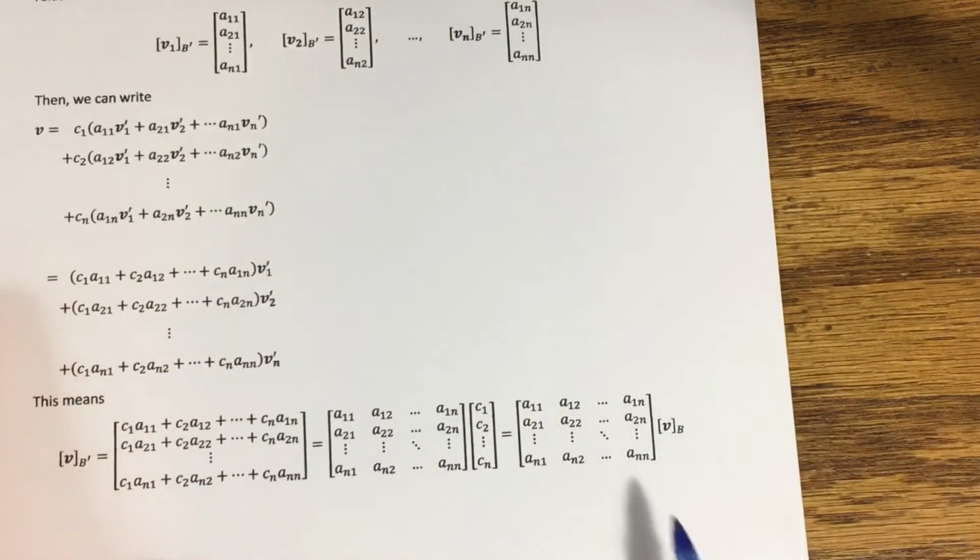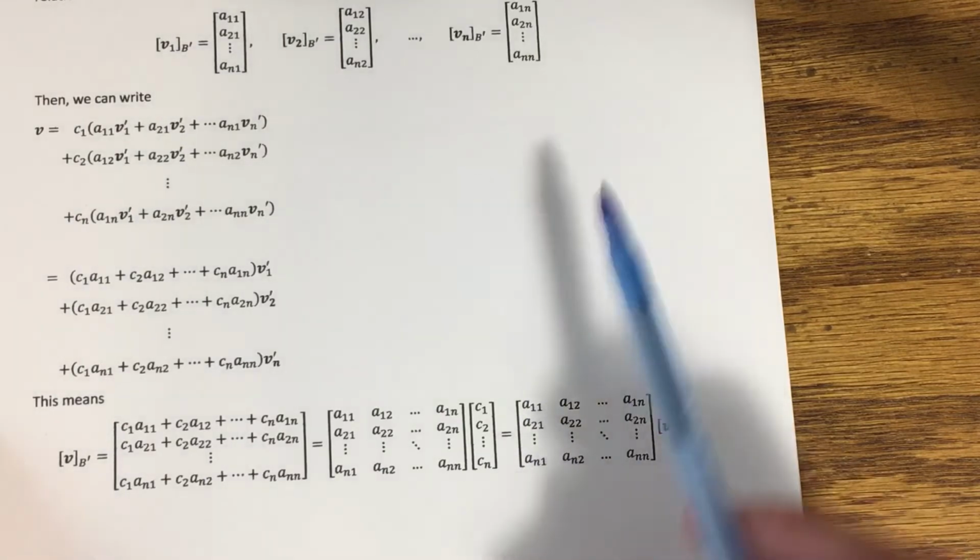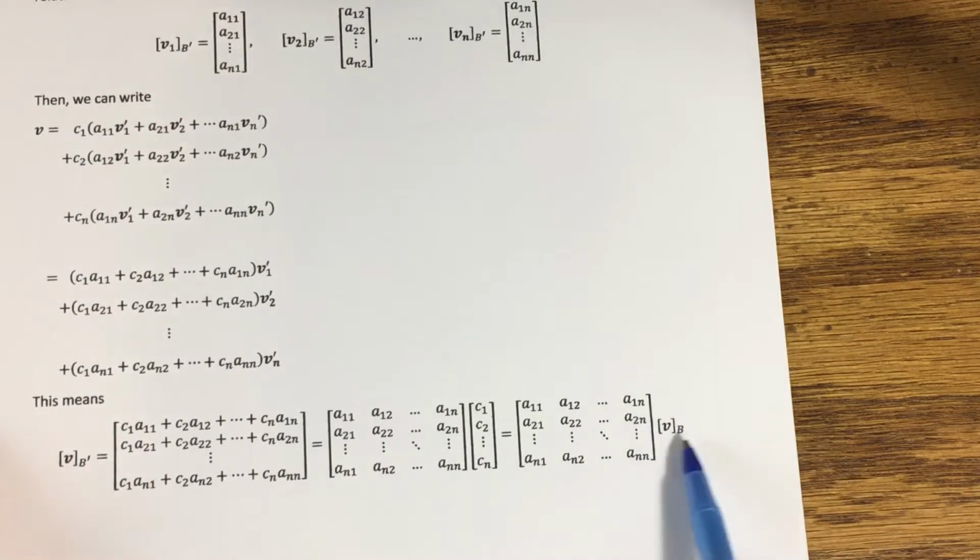So, in order to convert a coordinate vector for this vector V relative to B, which we're going to be calling an old basis, into the coordinate vector for V relative to B prime, the new basis, it basically reduces down to multiplying this coordinate vector by a specific matrix.